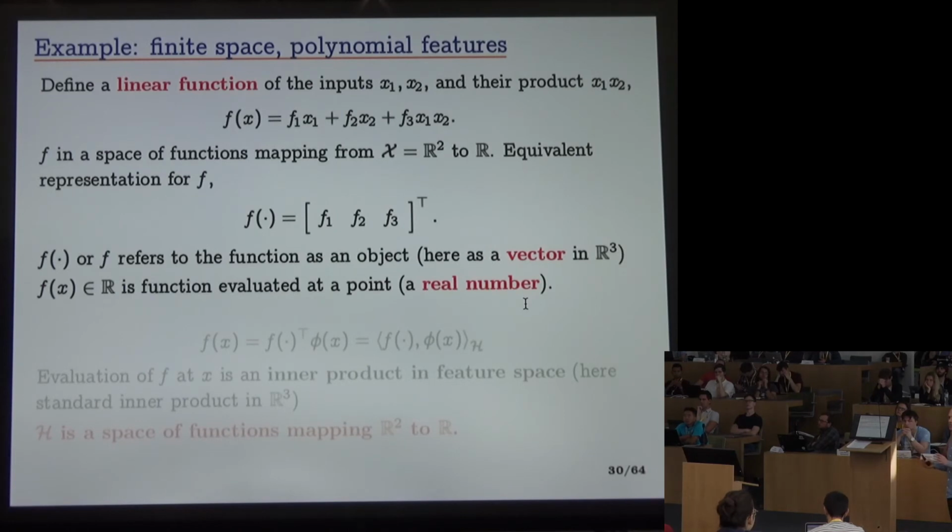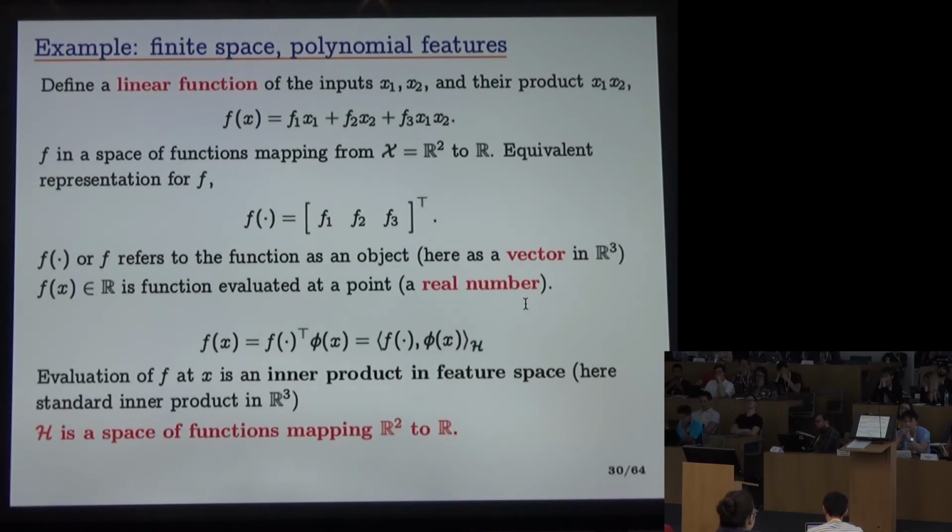If I write f of x, it means I've taken those coefficients and dot producted them with the features of x, and that's a scalar. So f or f dot means a vector of coefficients. f of x means I've taken that vector, dot producted it with the features of x, and I get a scalar out. So f is feature-space dimensional, f of x is one-dimensional, always.